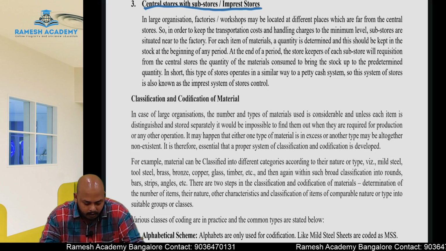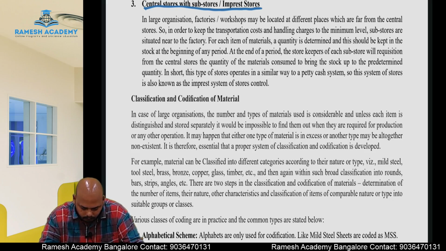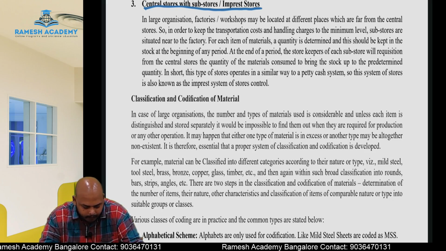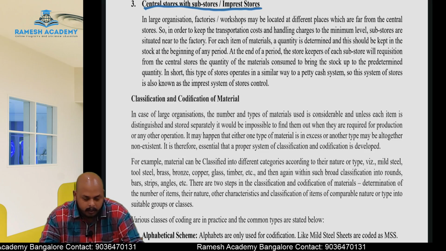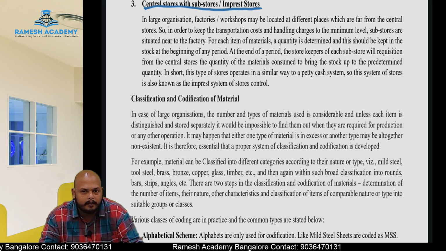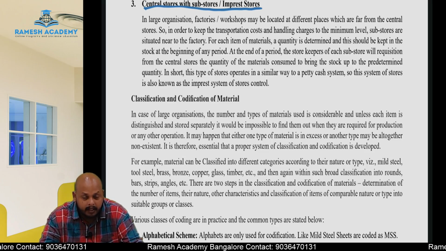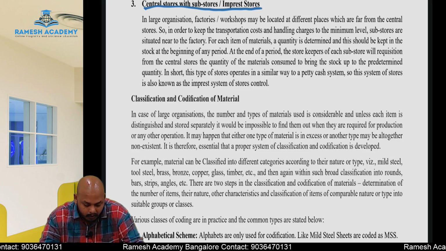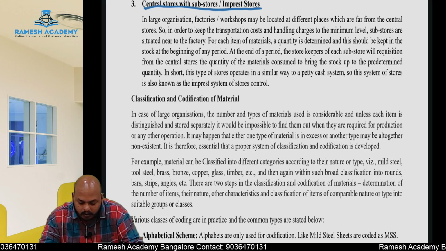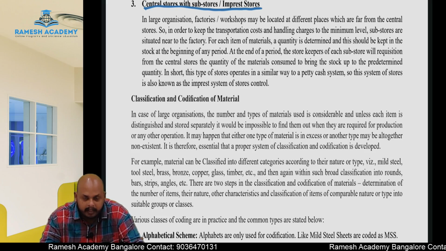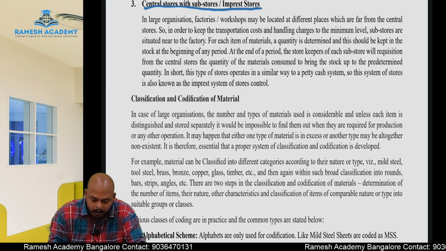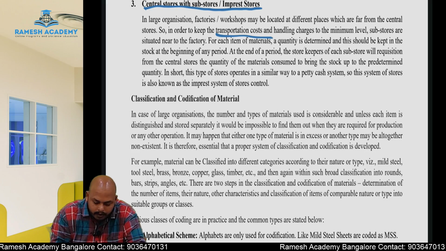In a large organization, factories may be located at different places which are far from the central stores. So in order to keep the transportation cost and handling charges to the minimum level, sub-stores are situated near the factory.